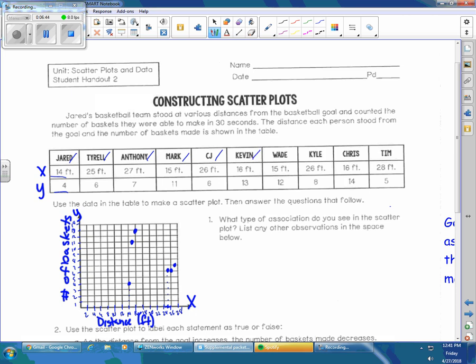Wade is at 15 feet and he got 12 baskets. Kyle's at 26 feet and he got 8. Chris is at 16 feet and got 14 baskets. And Tim is at 28 feet and got 5.